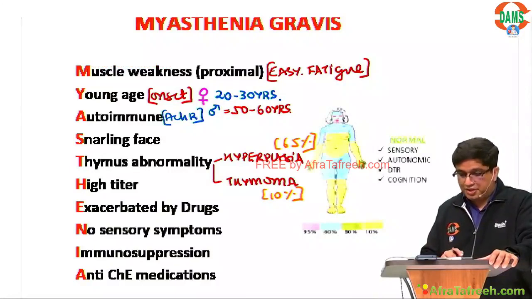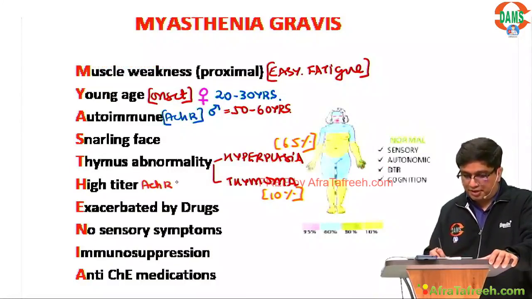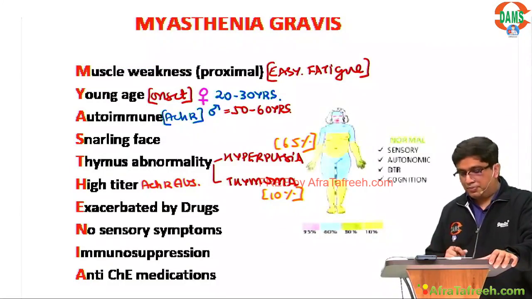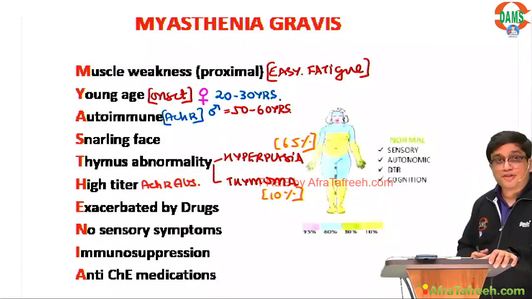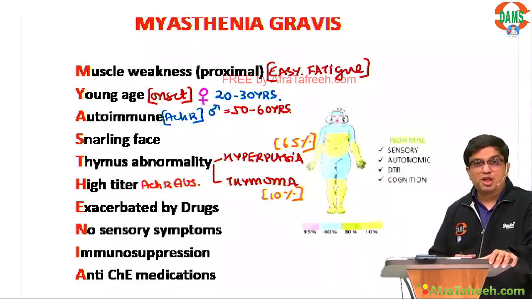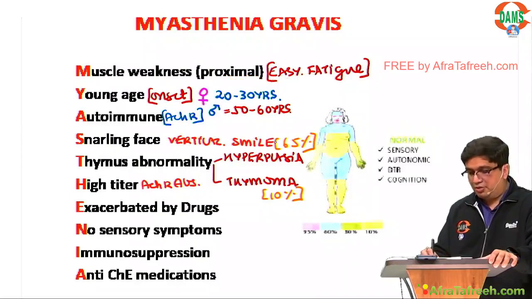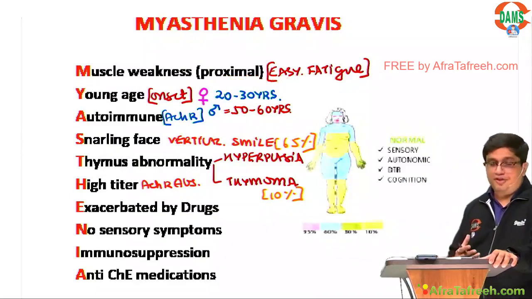In these patients, we generally have a high titer of acetylcholine receptor antibodies. On the face, we have a snarling appearance, in which the person will give you a smile like this, a vertical smile. In these patients, there are no sensory abnormalities clinically that you will find.